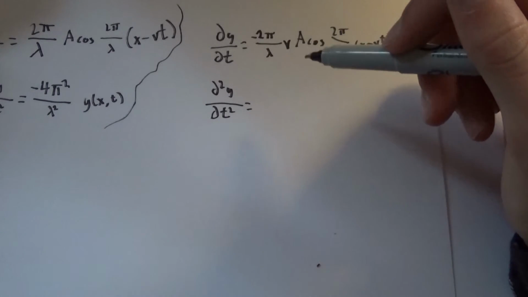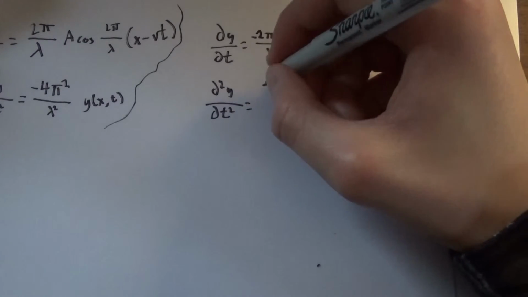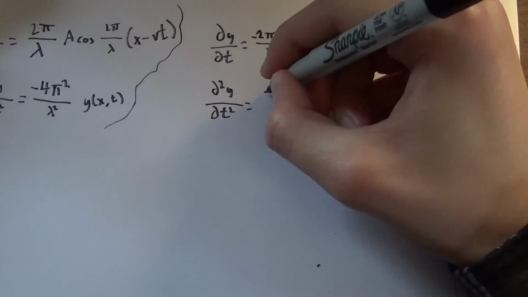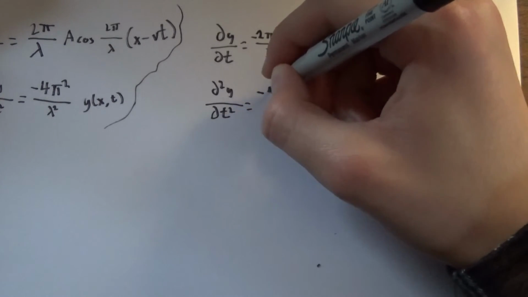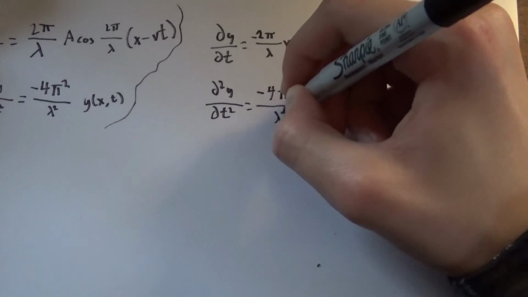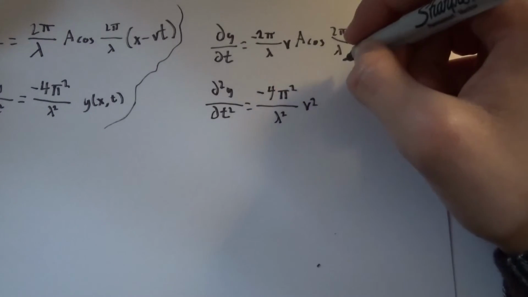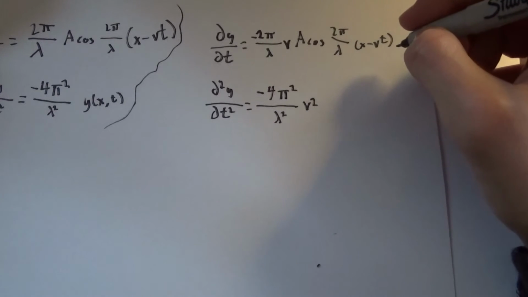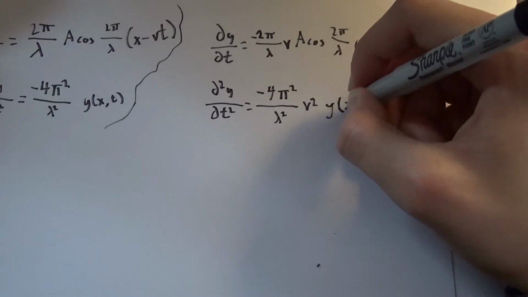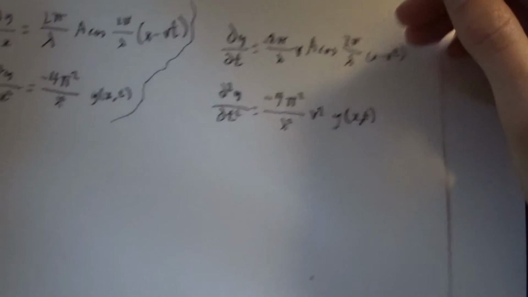But since cosine is going to a sine, we have to put the negative out there. So let's write this out. Negative sign outside, 4 pi squared over lambda squared v squared, and then we have the original function again, sine of 2 pi over lambda times x minus vt. So let's just write y of x,t. Okay, now we have our two second derivatives.